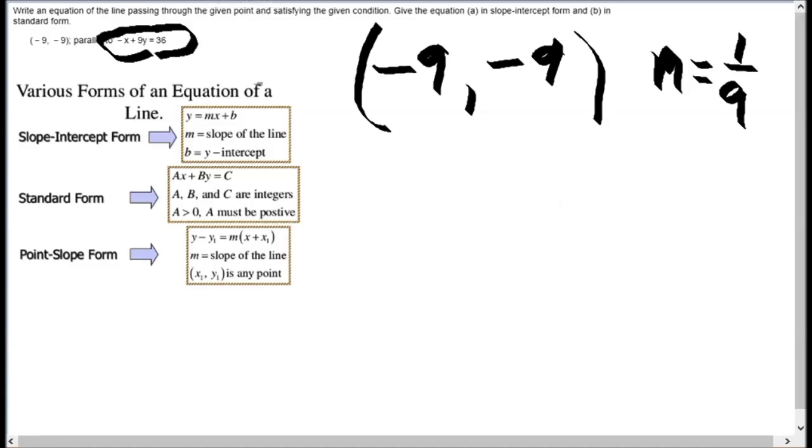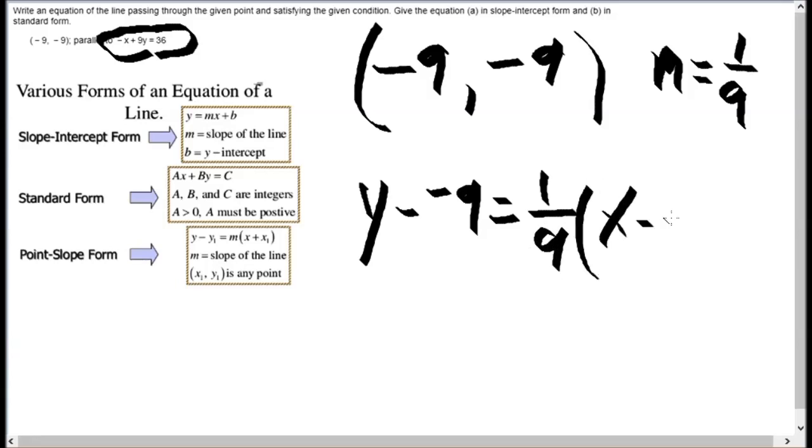Okay, so now that we know these conditions, we're going to move down and use this equation, which is referred to as the point-slope equation. Let's see, point-slope, where we take this point, so we put y minus (-9) is equal to the slope of 1/9 times x minus (-9).